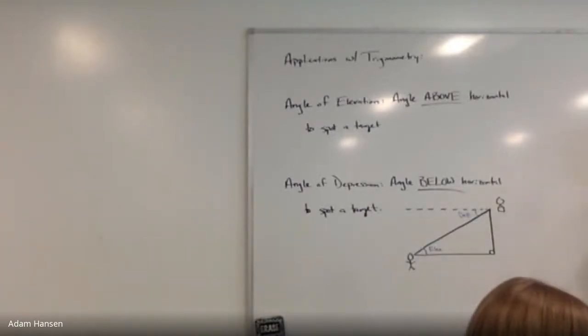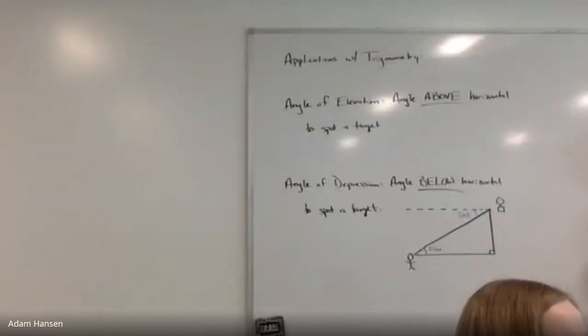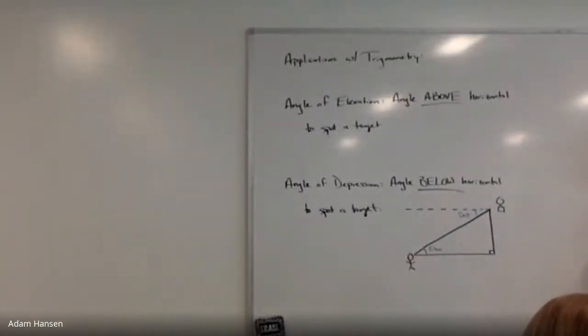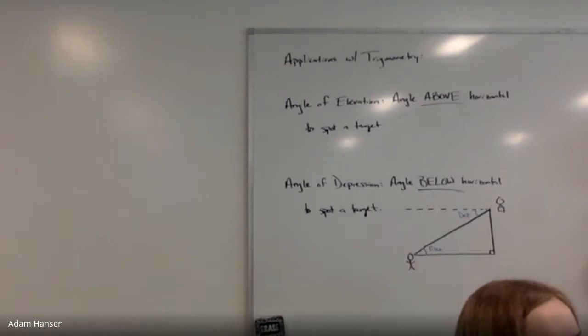Is there anything important about those two angle measures that I've labeled in blue? Is there anything important about those two angle measures that I can assume? They are the same. And that should make sense.